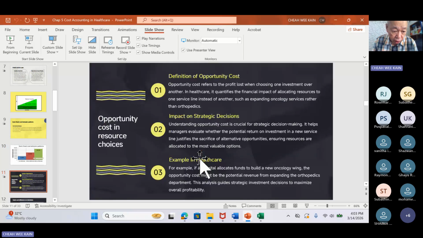Now, what I mean by opportunity cost: if you spend money on A activity, let's say $10, that means that $10 cannot be used for B activity. For example, if you spend money to make a blood test lab, that money cannot be used to buy an MRI equipment. So before you spend money, you must think whether it is better to buy the lab or the MRI equipment. It's as simple as that.